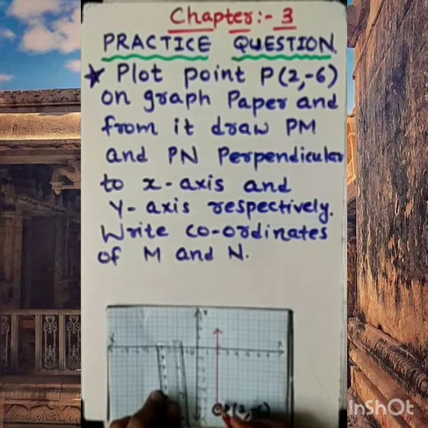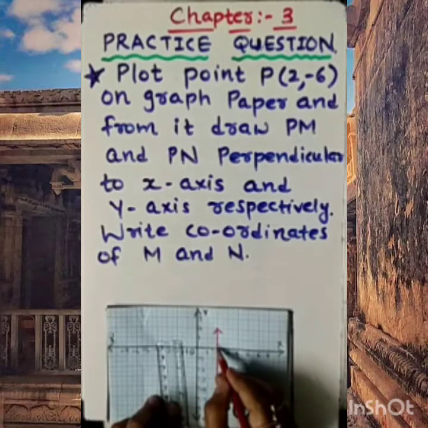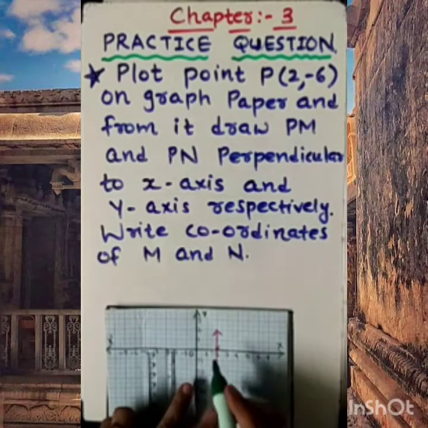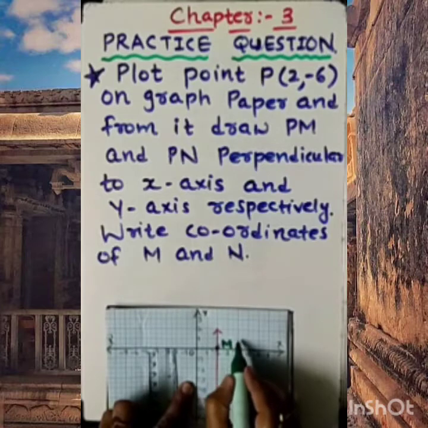How it is perpendicular, you can see. If I draw the line passing from this P point, then it will be perpendicular here. At which point is it intersecting here? This point here where it is intersecting, that is point M.